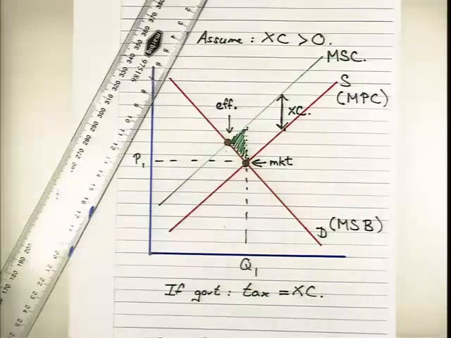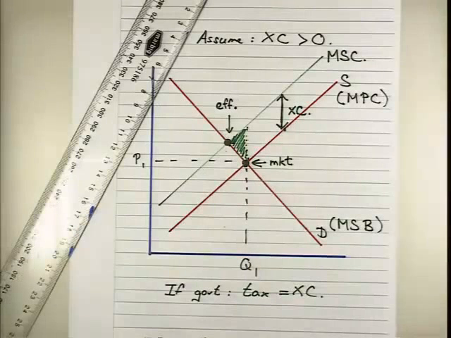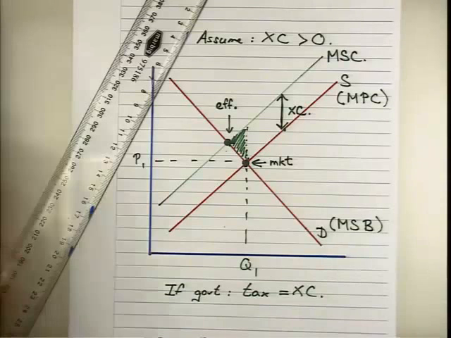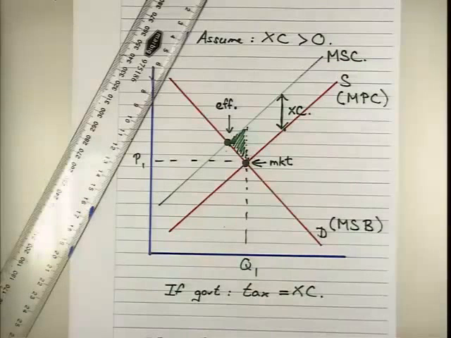So in the case of externalities, government intervention actually helps eliminate deadweight losses. The market is not efficient by itself. The market is ignoring the external cost.